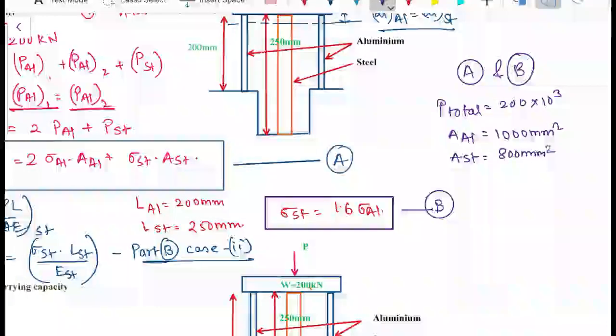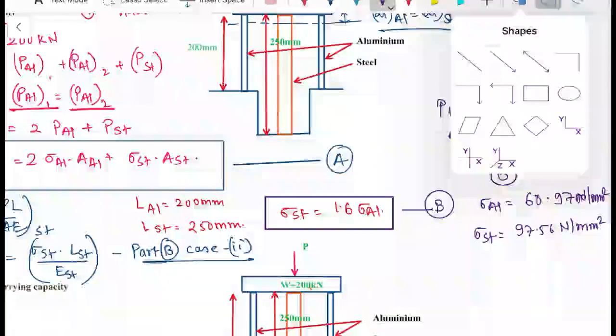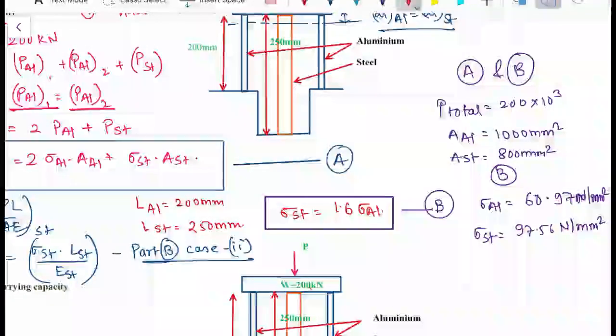It is already given in the problem statement. By substituting these values, we end up with sigma aluminium equal to 60.97 Newton per mm square, and sigma steel equal to 97.56 Newton per mm square. So this will be the answer of our first case.